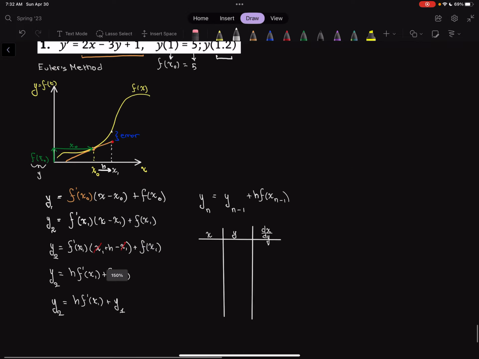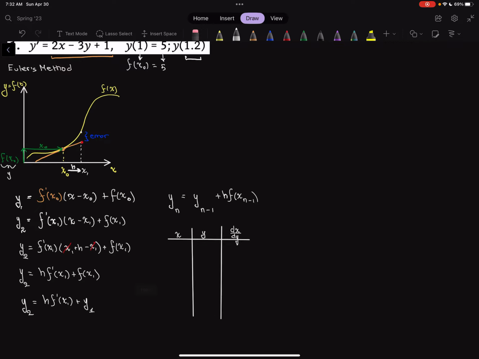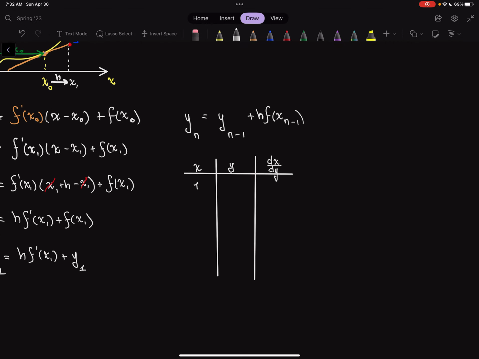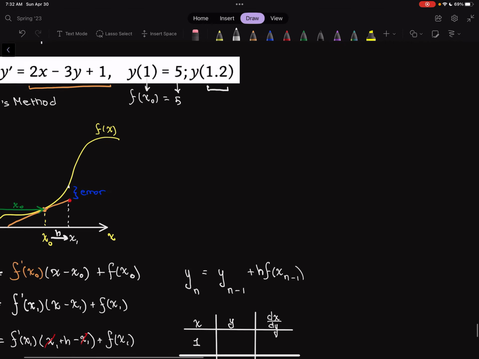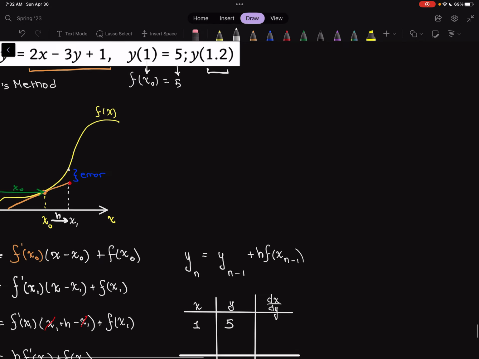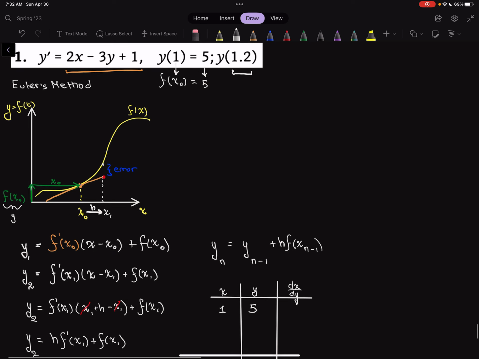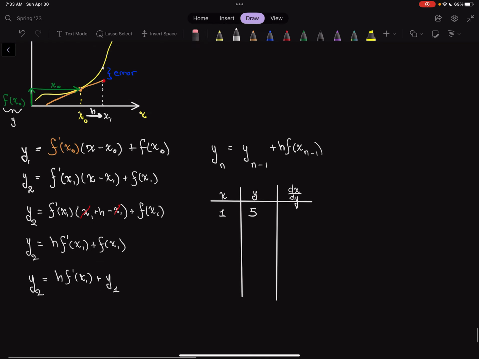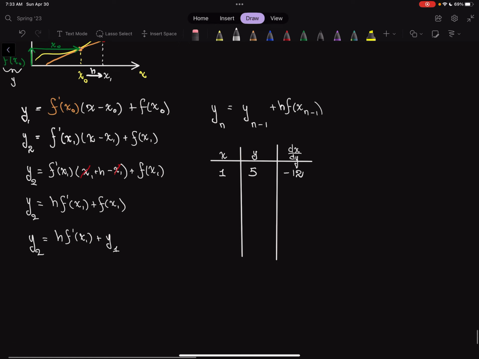So, where are we starting here? We're starting at 1. If we start at 1, we know that our y is 5, and our slope is going to be equal to putting x and y into this. So 2 times 1 is 2, minus 3 times 5 is negative 15. So 2 minus negative 15 is negative 13, plus 1 is negative 12. So our slope is negative 12.